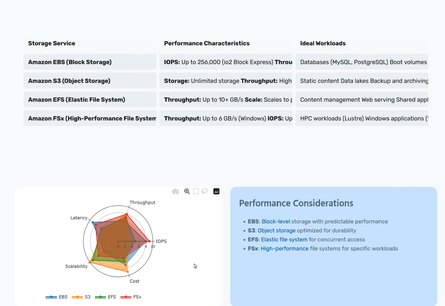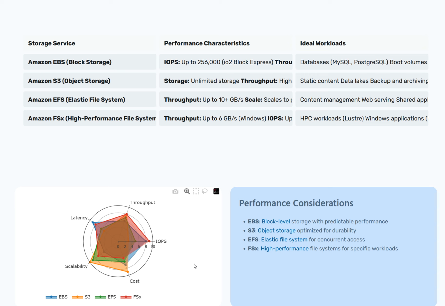See here, you can see sort of a graph again with all the different file systems, EBS, S3, EFS, and FSX, whatever the IOPS, and then throughput, and then the latency, and then the scalability.